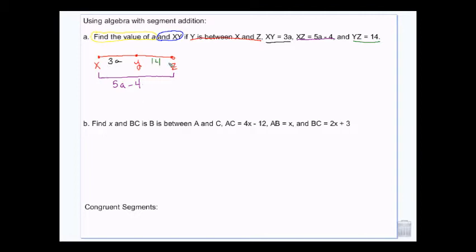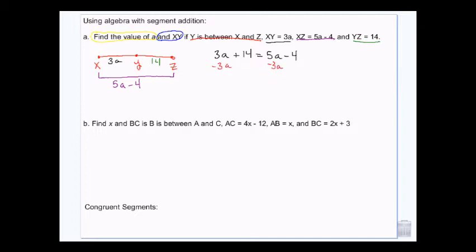If you take the time to draw the picture, these are easier because you can see what you need to do. These two pieces together make the big piece. Everybody see that? So I'm going to take those two pieces together and they make up the big piece, so they're equal. And then I just need to solve the equation to find a. I have a's on both sides, so I'm going to subtract one from the other.